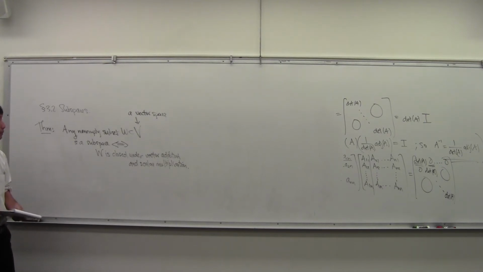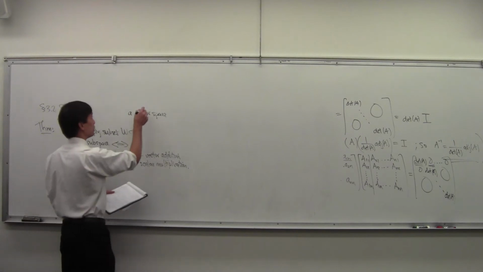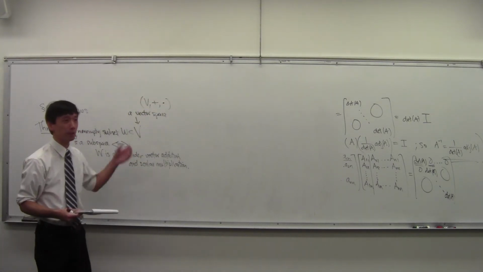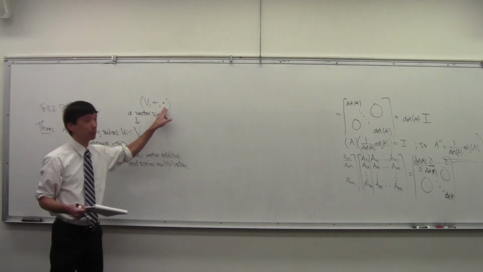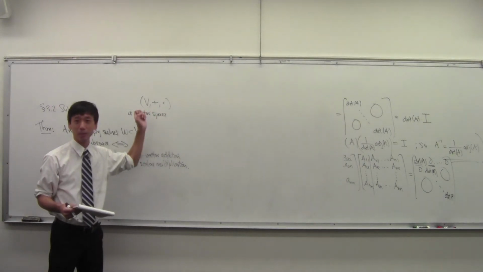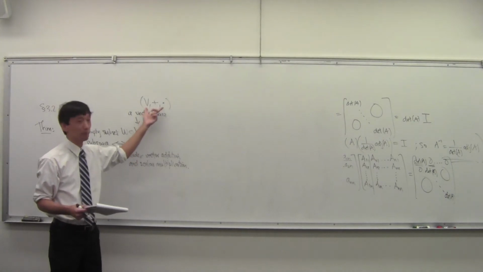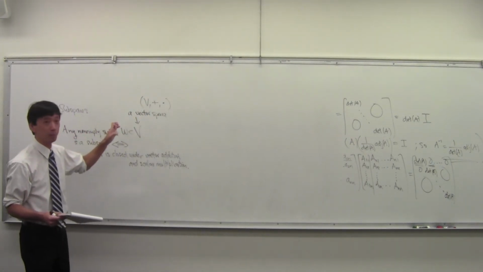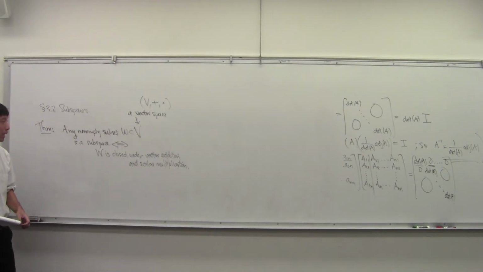Remember, the vector space has two operations. You can add things together and you can multiply them by numbers. Nothing about multiplying them by other vectors. You can add vectors and you can multiply by scalars.